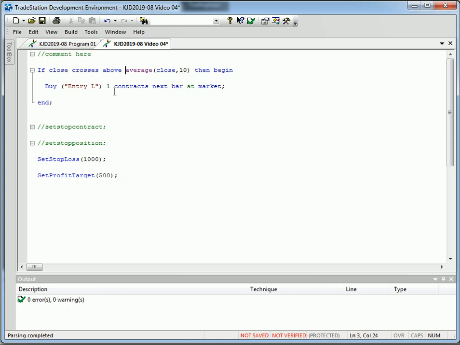And so that will only work when the previous close was below the moving average and now this close is above the moving average. And by the same token, we can also do crosses below. So there's greater than, less than, crosses above, crosses below, but you get a good idea of how this works.